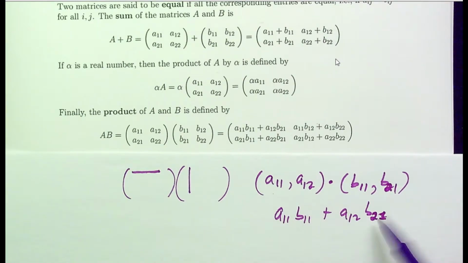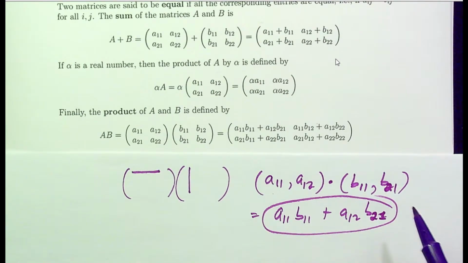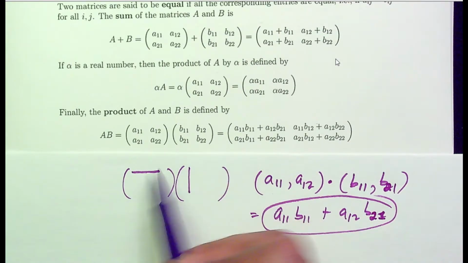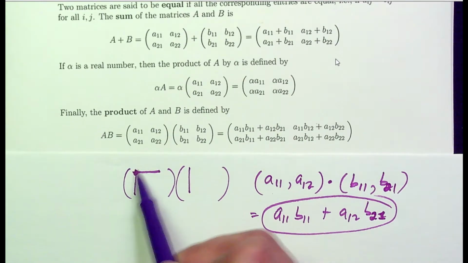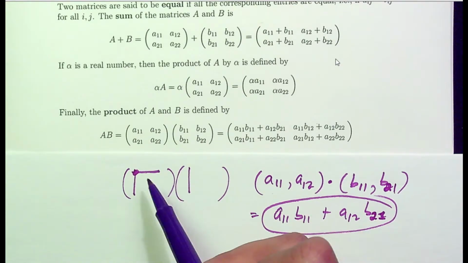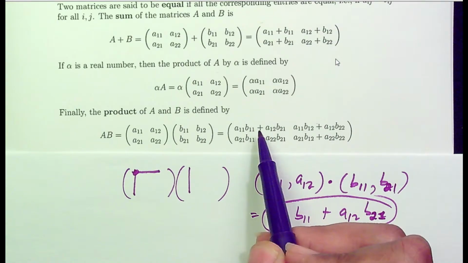And this result goes in this corner, and you can see it's because if you follow this line right over here, the intersection would be this corner. So the result of that dot product is the number that goes in that corner.